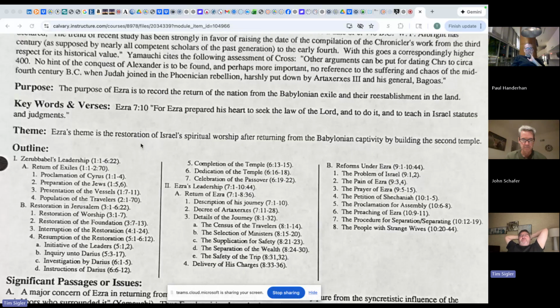I mean, think about this. In the Old Testament, you never hear the word synagogue. You never hear the word rabbi. And many other things: Pharisee, Sadducee, Essenes.